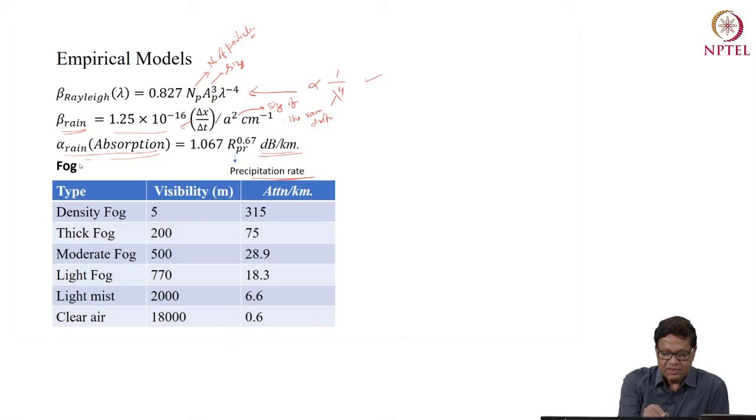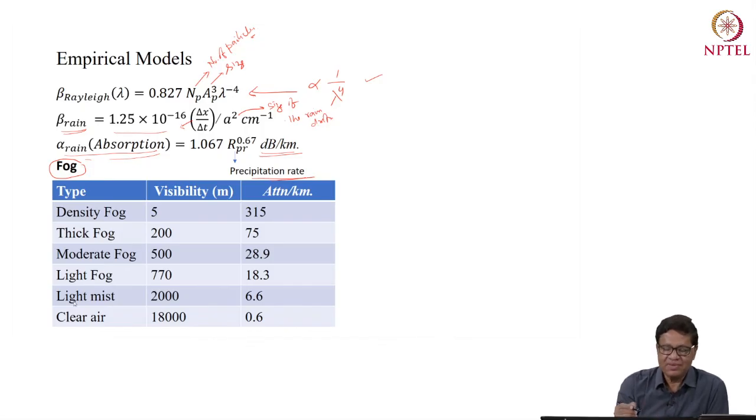Another factor which plays a very important role is fog. Fog can be classified into different categories: dense fog, thick fog, moderate fog, light mist, and clean air. It depends on what kind of visibility you get.